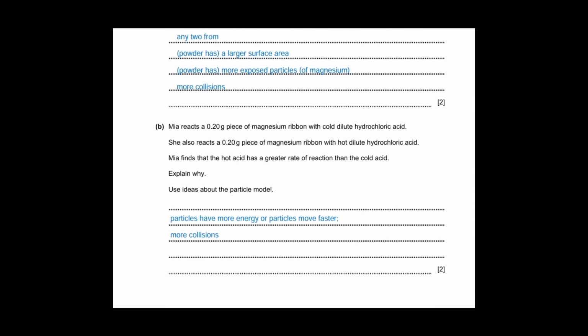The next question says we should use the particle model to explain what happened when the magnesium reacts with the acid. One thing you need to know is there is no way they will tell you to use a particle model and then you won't make mention of the particles. You should start talking about the particles at the original state, what happened thereafter, how they formed the products.